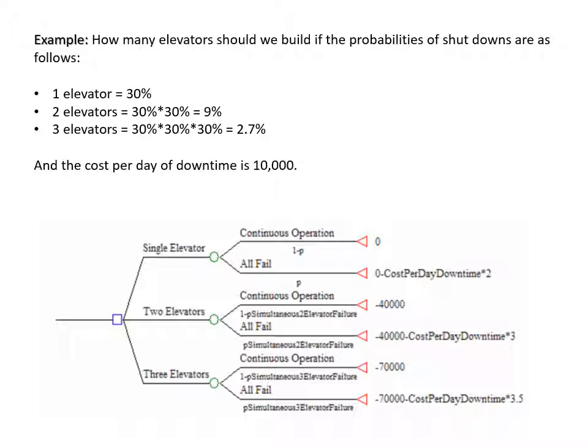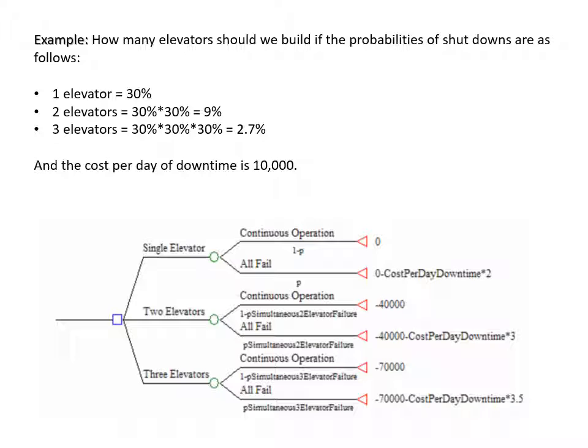So we have a minus 40,000 here because that's how much it costs us to build an extra elevator. So the minus 40,000 is the best case scenario for building 2 elevators, because that means that we build 2 elevators, we have to pay for it. The extra elevator costs us 40,000, but we don't experience any downtime.